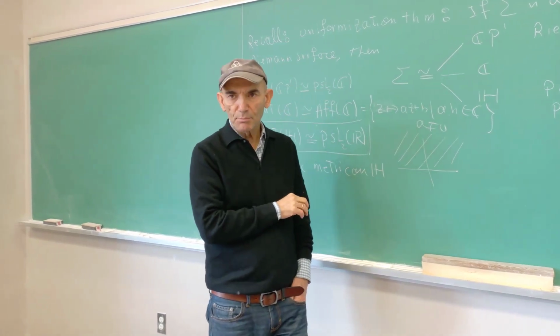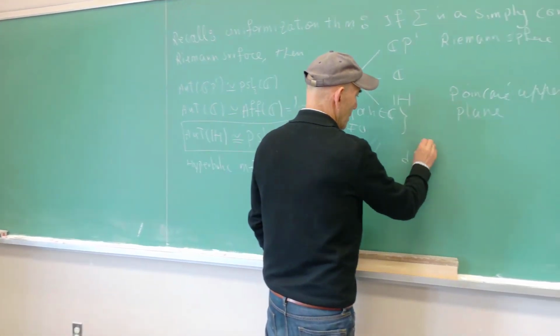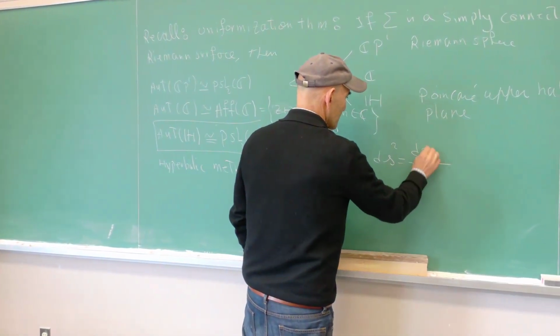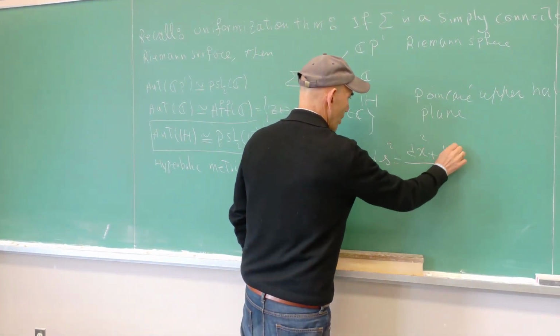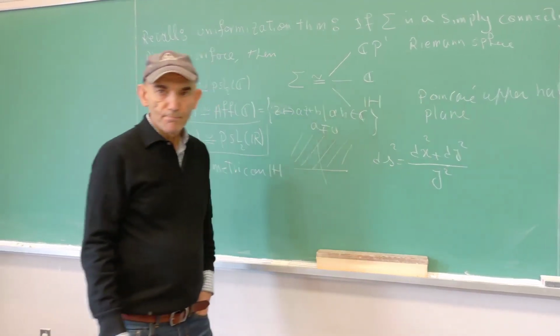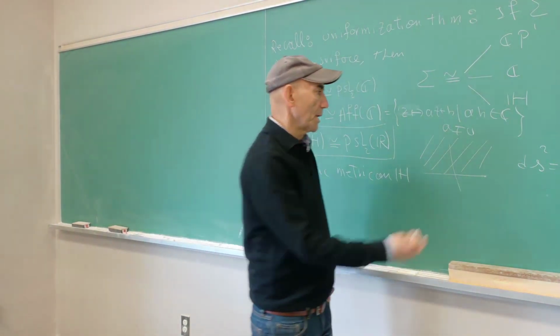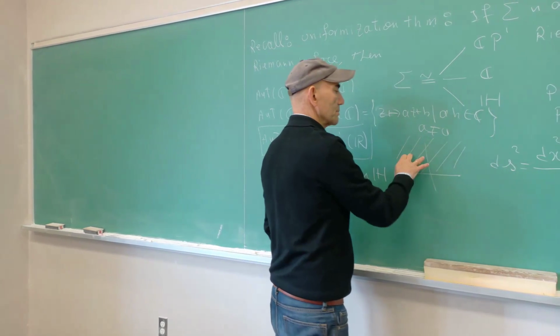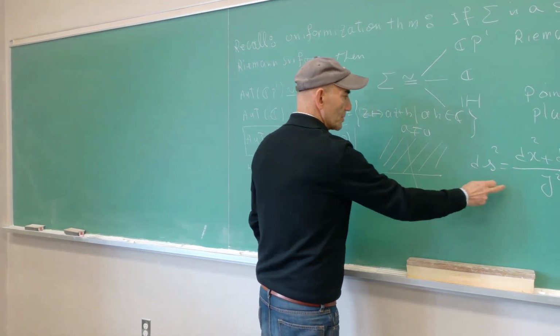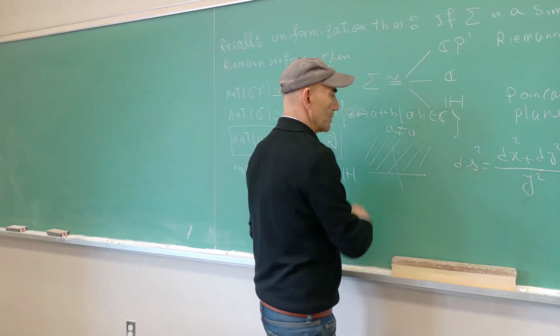But there is a very interesting Riemannian metric there, ds squared equal to dx squared plus dy squared divided by y squared. This metric on the upper half plane is conformally equivalent to the Euclidean metric, but is not the Euclidean metric.